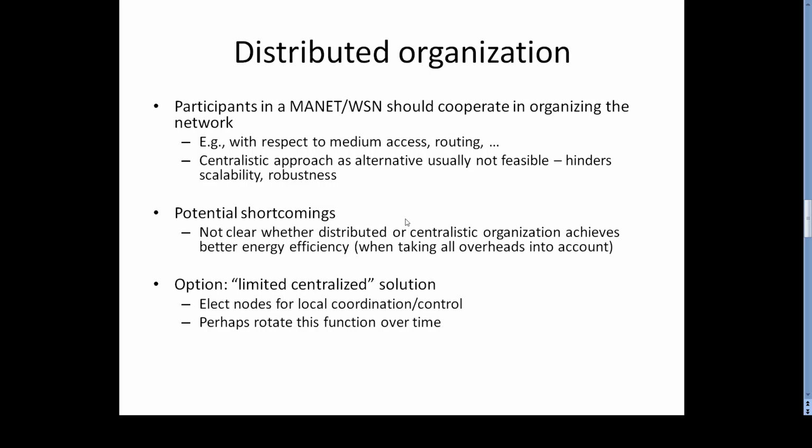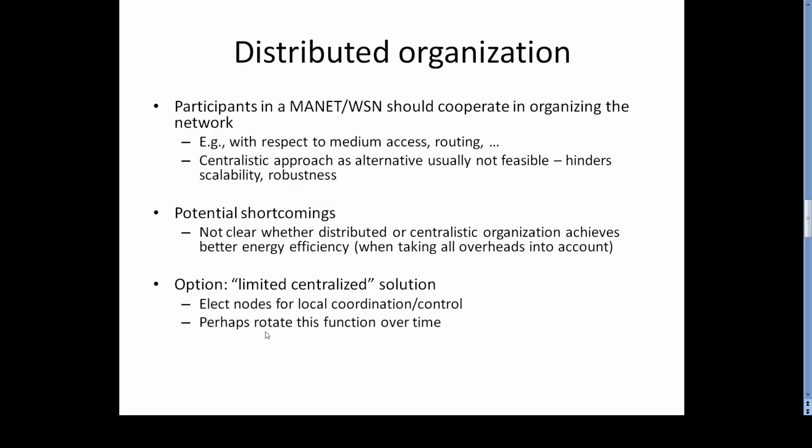So the option is that we can go for a limited centralized solution. Some of the nodes we choose or elect for local coordination or control. The elected nodes can be rotated among the nodes present in the network.